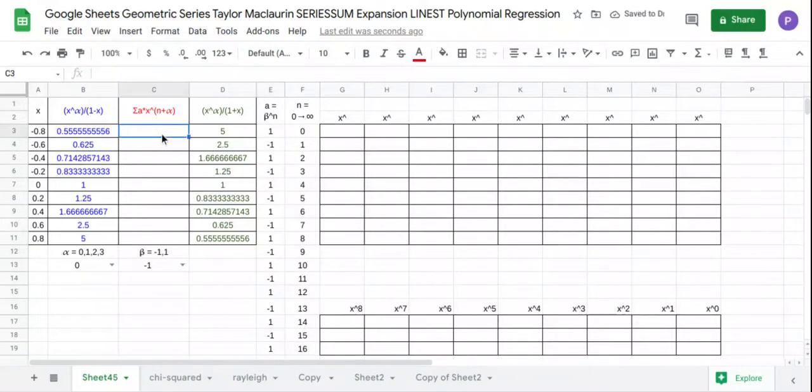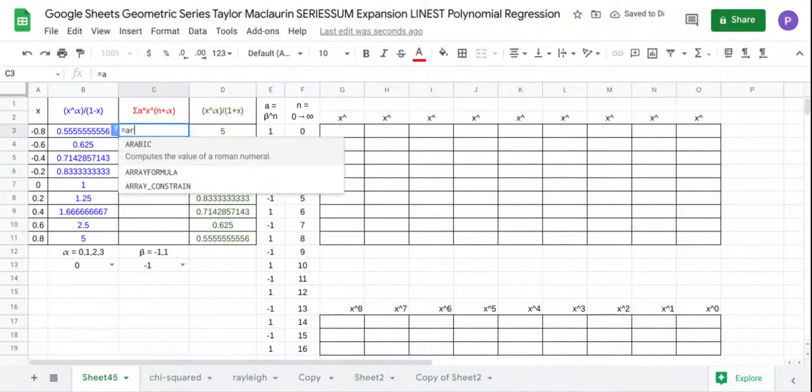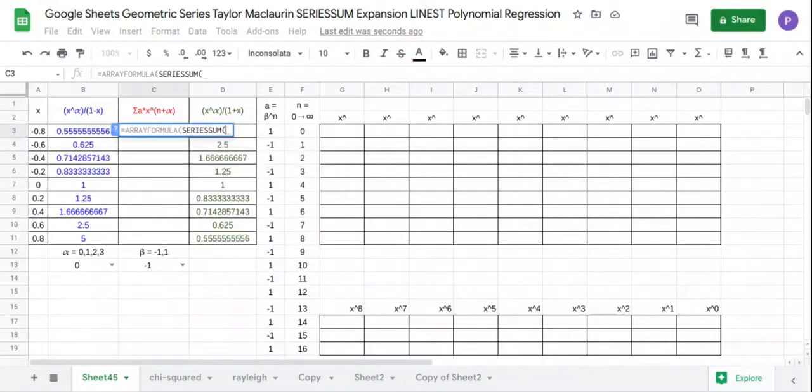Now we can calculate the series sum, which is equal to r formula, series sum of the x values raised to the power n plus alpha. N plus alpha starts from alpha, incremented by our n will be 0, 1, 2, 3, so it's incremented by 1.